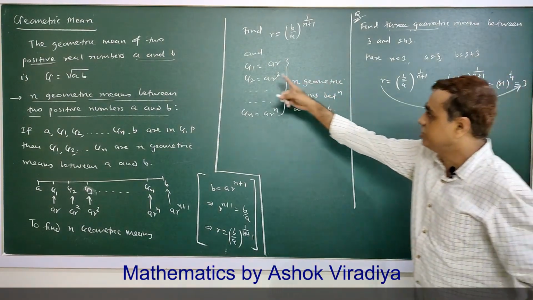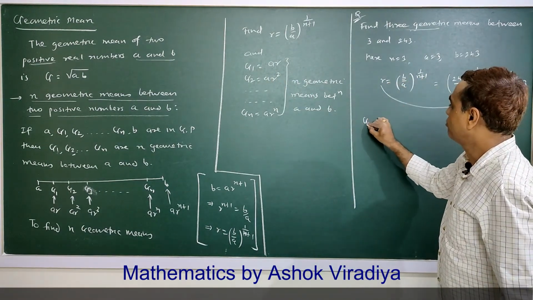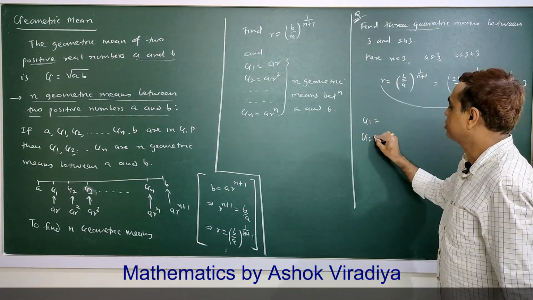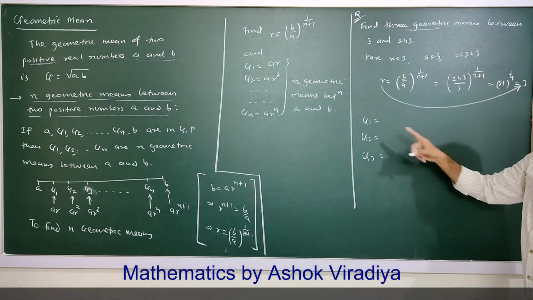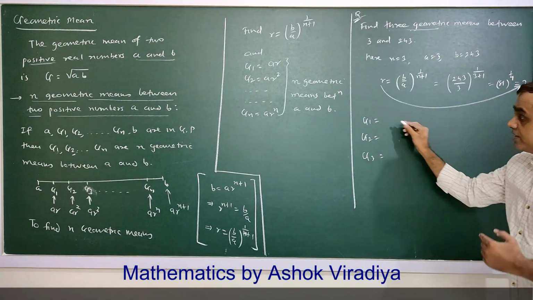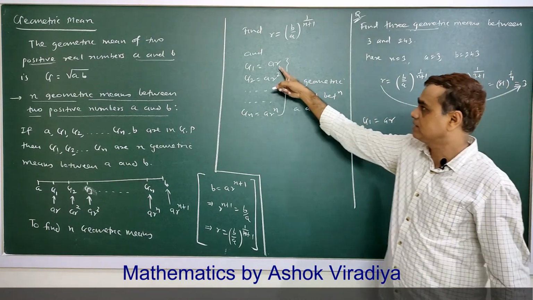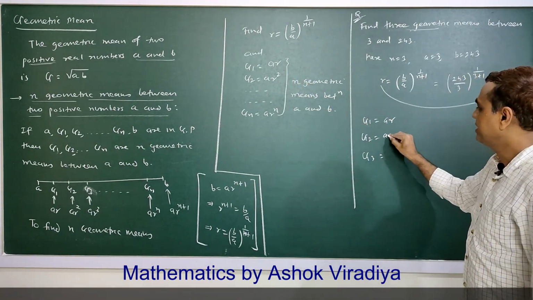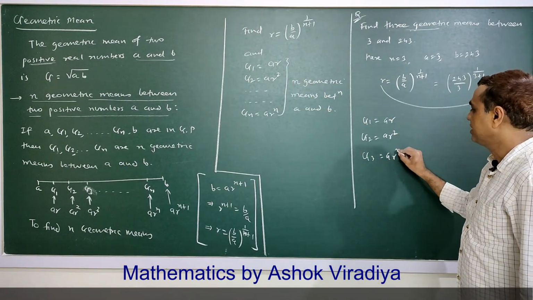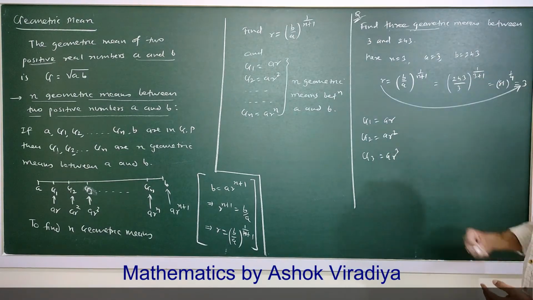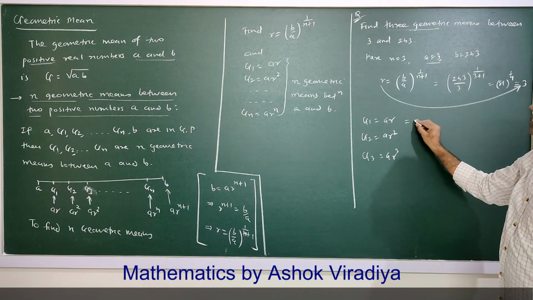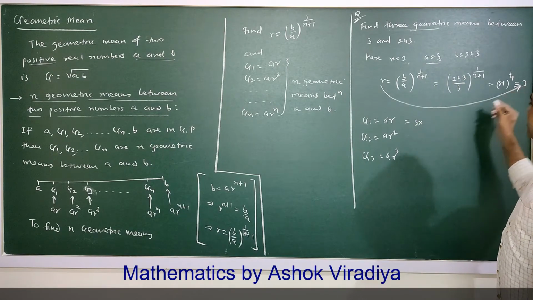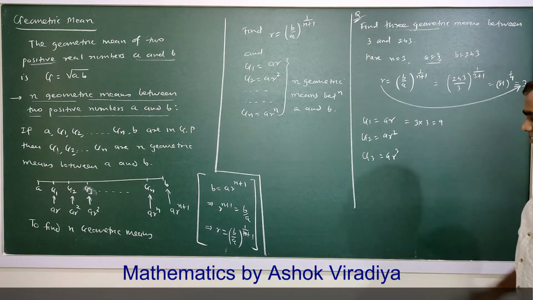Now we want 3 geometric means G1, G2 and G3. G1 is A into R. G2 is A R square. G3 is A R cube. A is 3. So 3 into R is 3 into 3, 9.